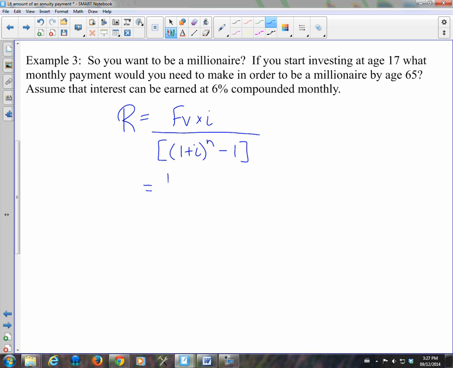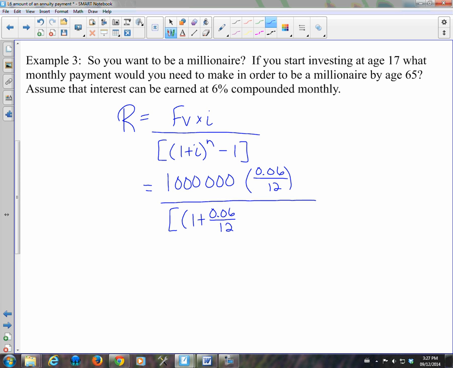So our future value is going to be $1 million times our interest rate, 0.06 divided by 12 over 1 plus our interest rate, compounded monthly. And how long? So 65 minus 17 would be 48 years.